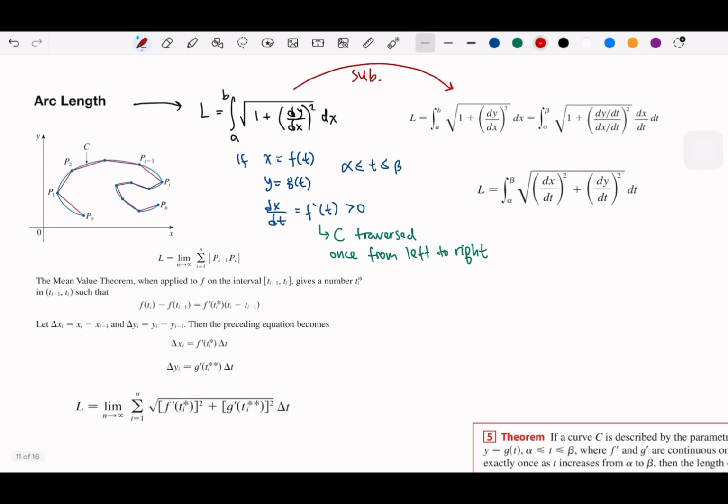The left notes is just to describe in a more official way the parametric arc length. Okay, it is very similar to what we have in the previous arc length. The difference is we describe this through the parameter t.